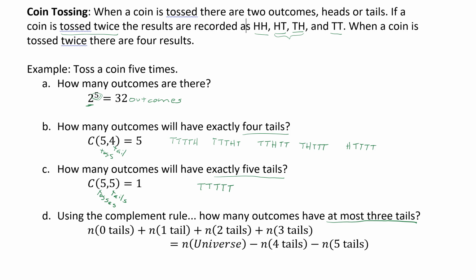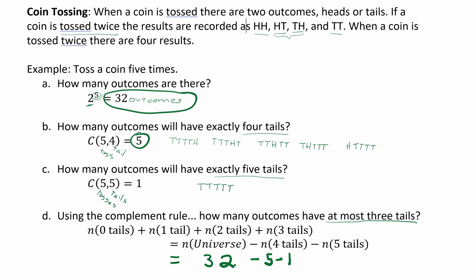Earlier in part B, I found that the number of ways to get 4 tails was 5. And in part C, the number of ways to get 5 tails is 1. And back in part A, we found the total number of outcomes in the universe, which was 32.